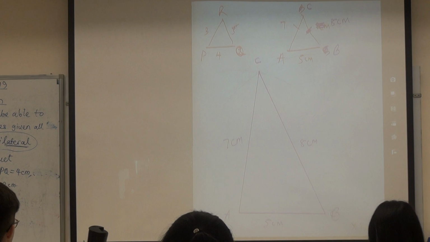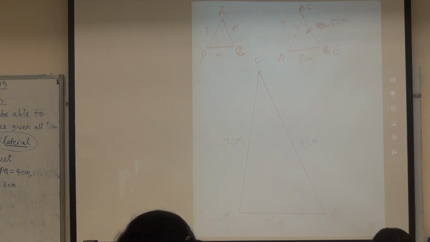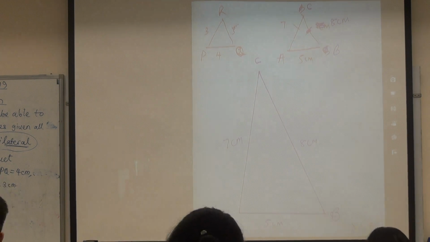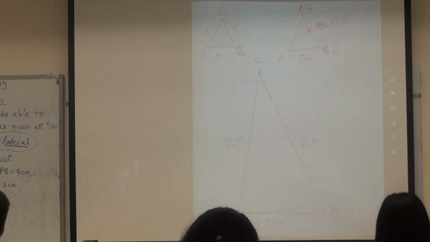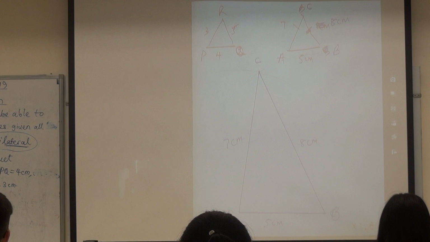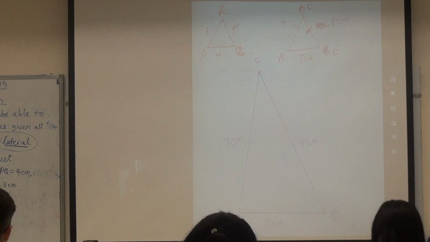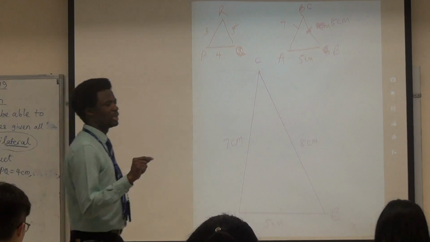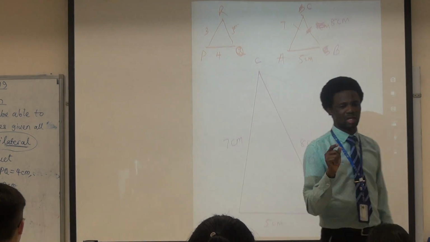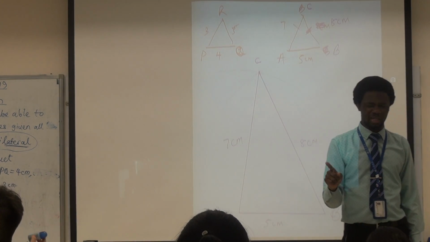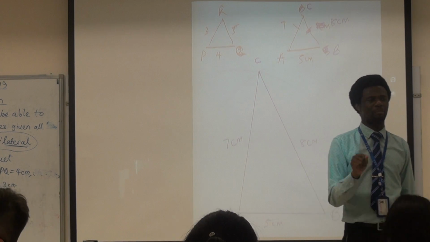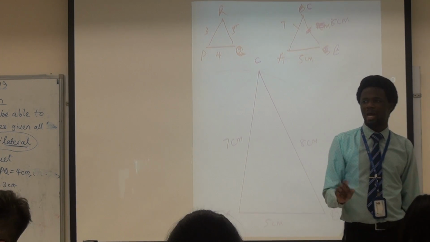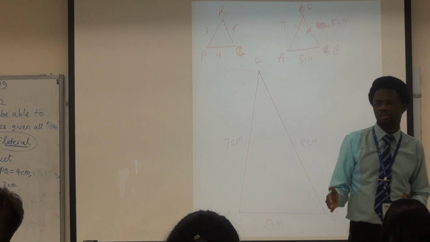So the next thing I want you to do, we have about 10 minutes max. We have to go home. I don't know if you remember how to bisect an angle. Make an attempt, then I will demonstrate something, alright? Bisect one of the angles, and see if you are able to get 30 degrees.